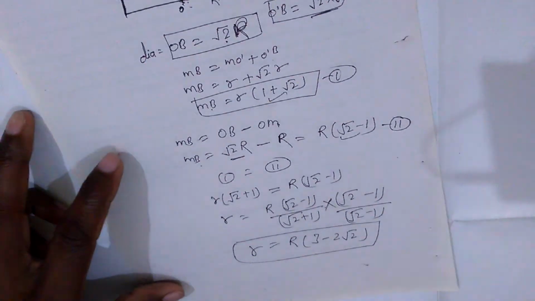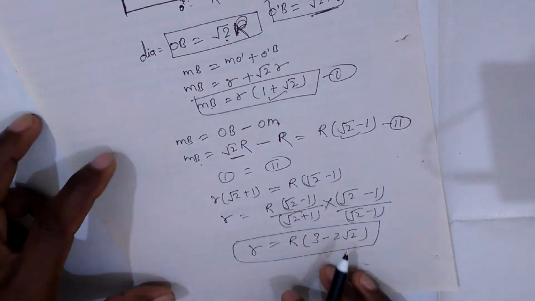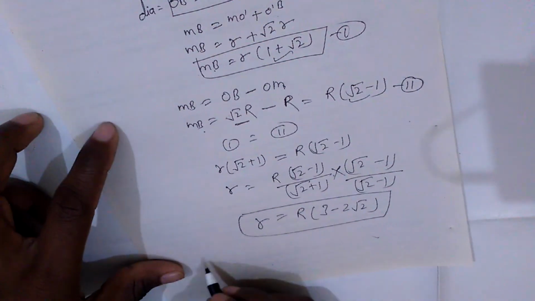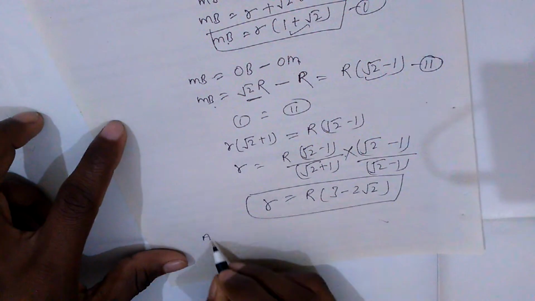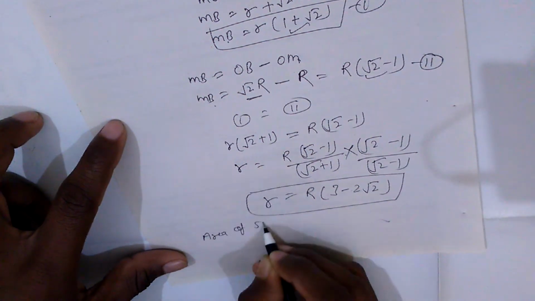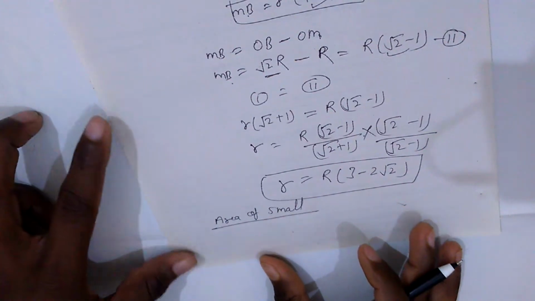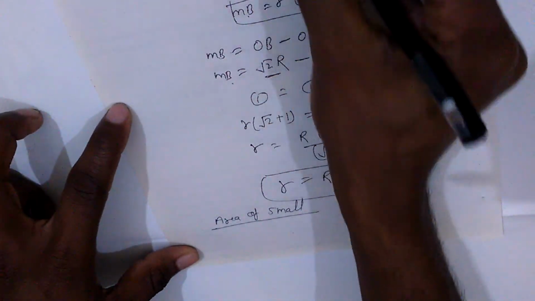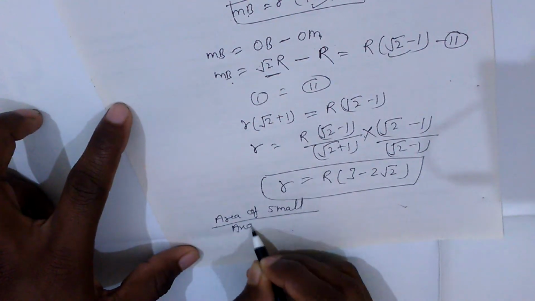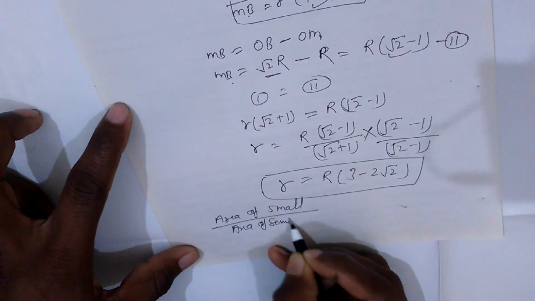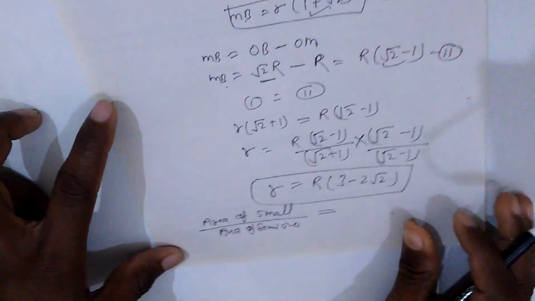So the question is saying that area ratio is equals to area of small circle divided by area of semicircle. Then what you got?